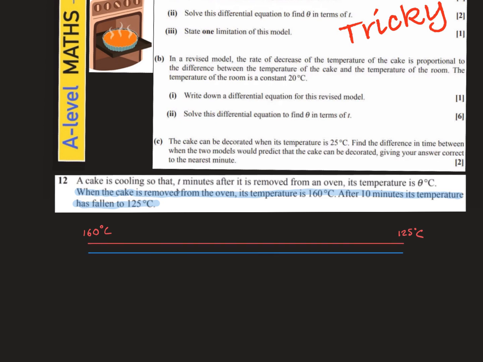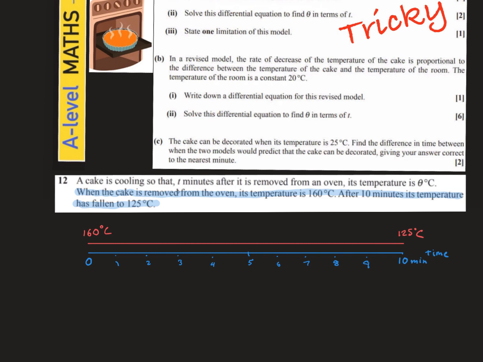So we know that this happened from time 0 to time 10 minutes. That's our time here. If I was to divide this time equally into 1 minute intervals, we could also know what the temperature drop is from 160 to 125 every minute.